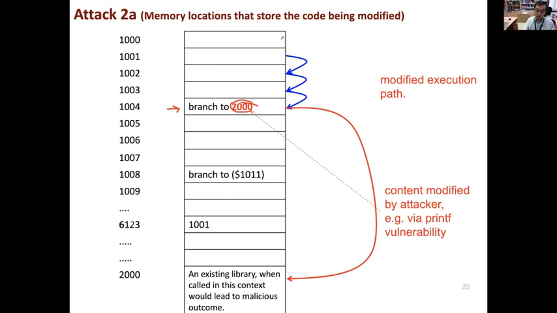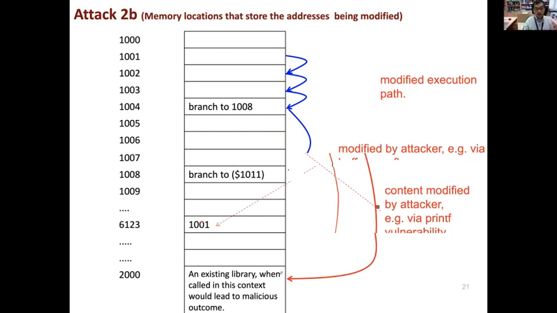So now the control flow will go this way, and then jump to some part, for example a library call. The attacker is unable to modify the library, but the fact that you can jump to an existing library call could lead to a lot of damage. For example, this could be formatting the disk.